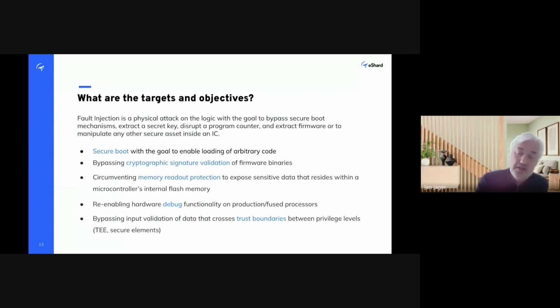I think that's something you are all familiar with: trusted execution environments, secure elements. You don't want people to get access to the trust zone of the trusted execution environment without the right privileges. So these are the things that you can achieve with fault injection, though not limited to these, but at this moment I think these are the 5 most common targets and objectives that hackers have to attack your firmware.